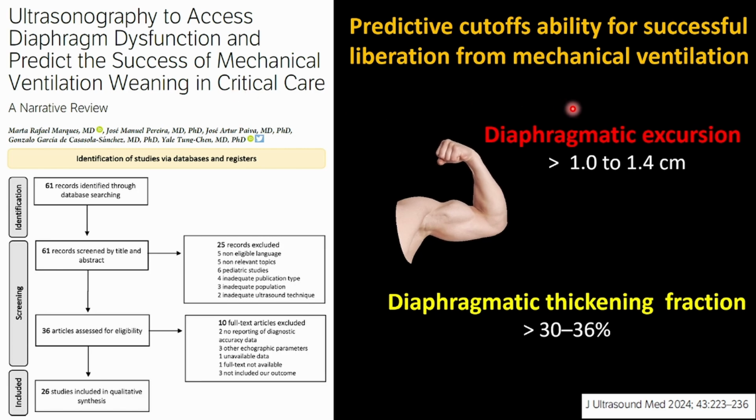The predicted cutoff from this study for the diaphragm excursion is more than 1, or 1 to 1.4 centimeter, which makes the success of extubation higher. And for the diaphragm thickening fraction, if the patient has more than 30 or 36%, the chances of successful extubation will be higher.